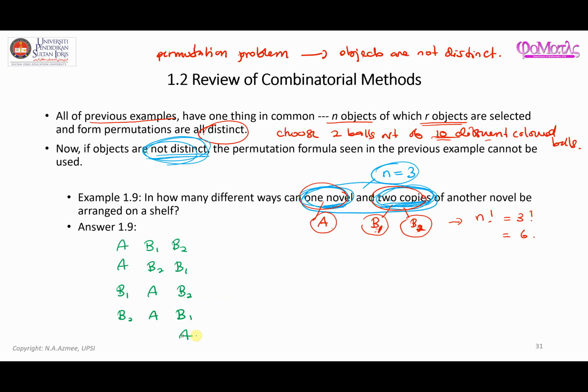Next A can be put at the end: B1, B2, A, and we switch: B2, B1, A. So the total number of arrangements when we assume them all to be distinctive is 6 ways.